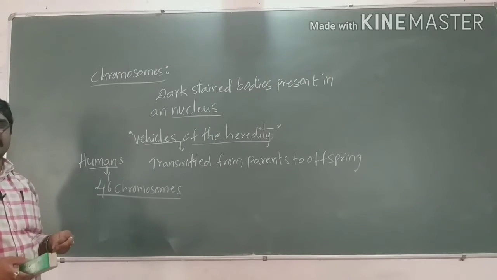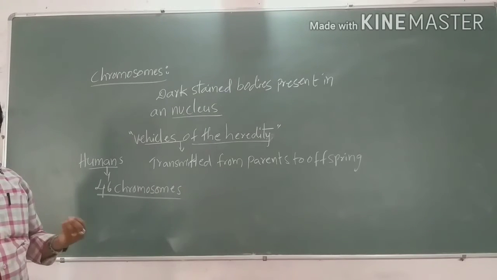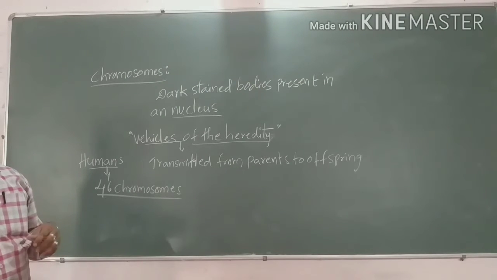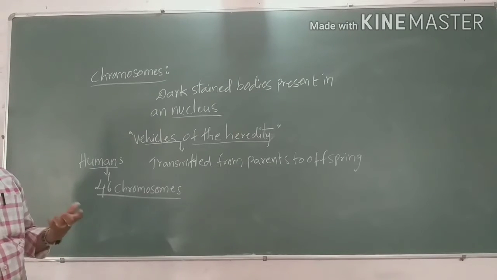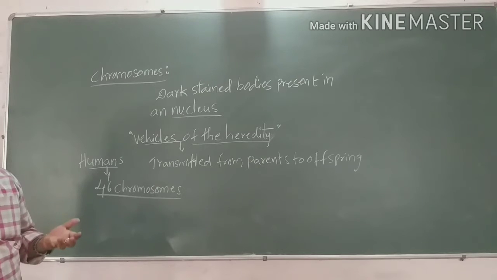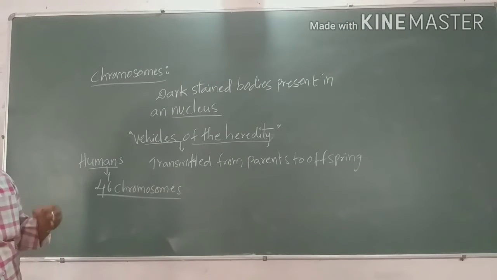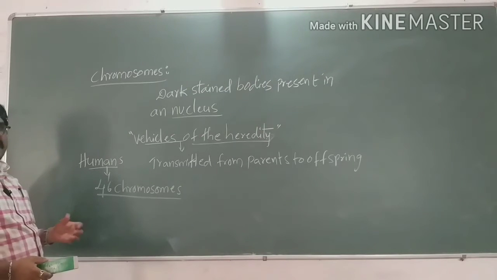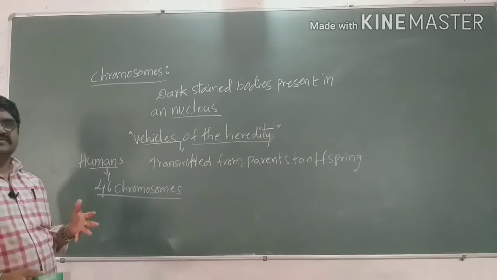Monkeys have 68 chromosomes. In insects there are thousands of chromosomes. And in fruit flies there are 4 pairs of chromosomes.